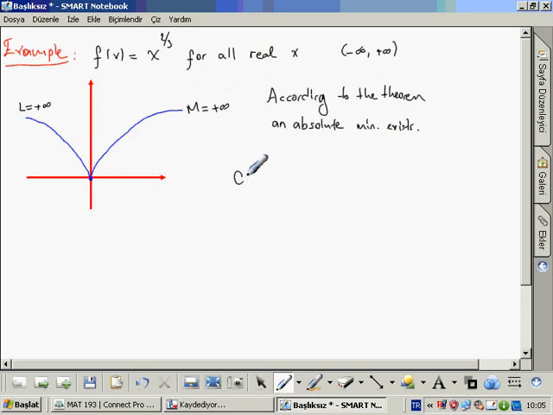Critical point: del y over del x is equal to 2 over 3 x to the minus 1 over 3, and this point is 0.